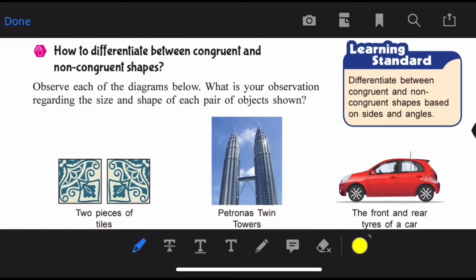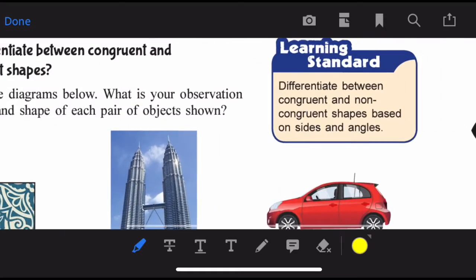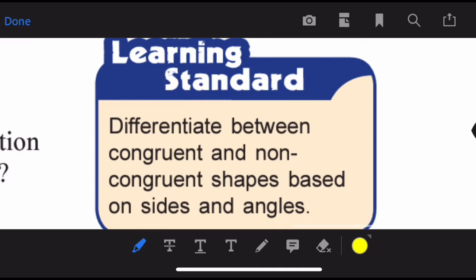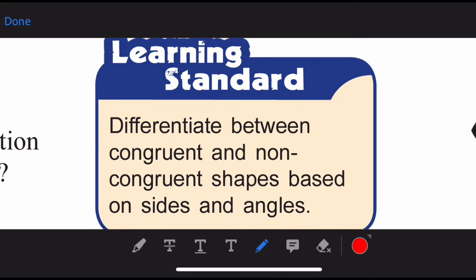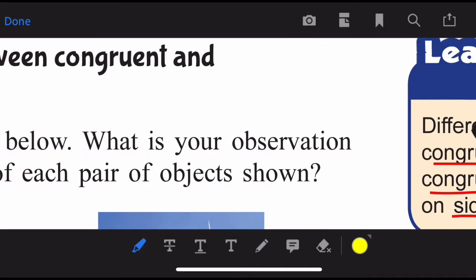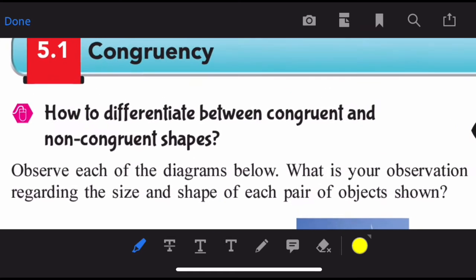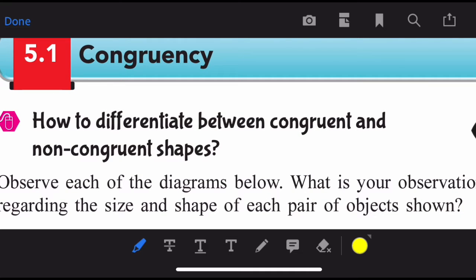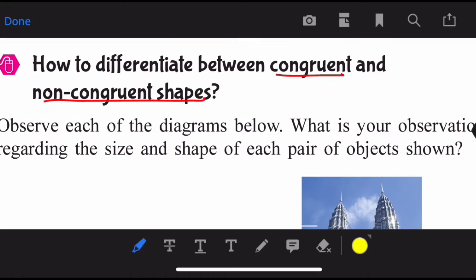Now, today's learning standard is to differentiate between congruent and non-congruent shapes based on size and angles. Congruency. How to differentiate between congruent and non-congruent shapes. Observe each of the diagrams below.